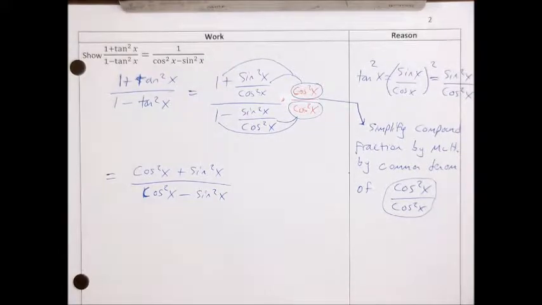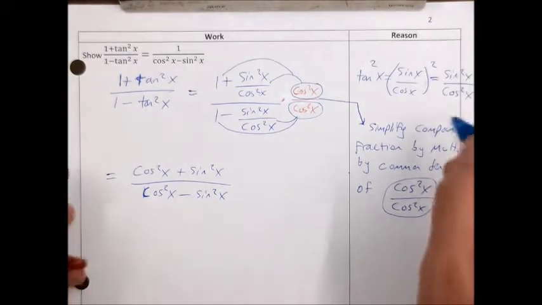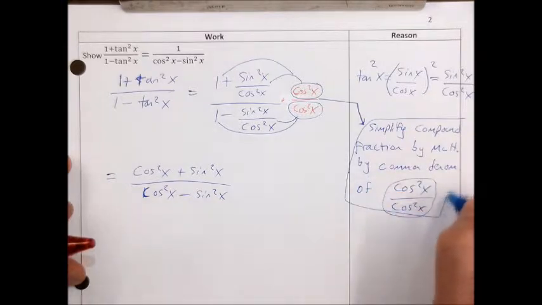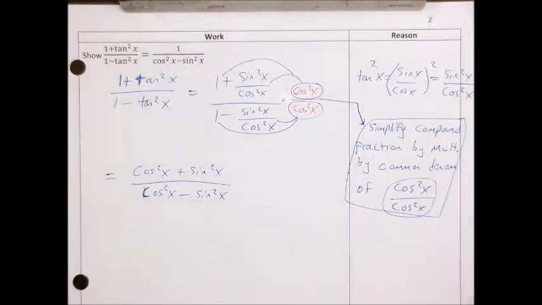Right, so that's a nice way to simplify the compound fraction. So we simplify the compound fraction just by multiplying by the common denominator. So we're able to cancel out all the denominators.